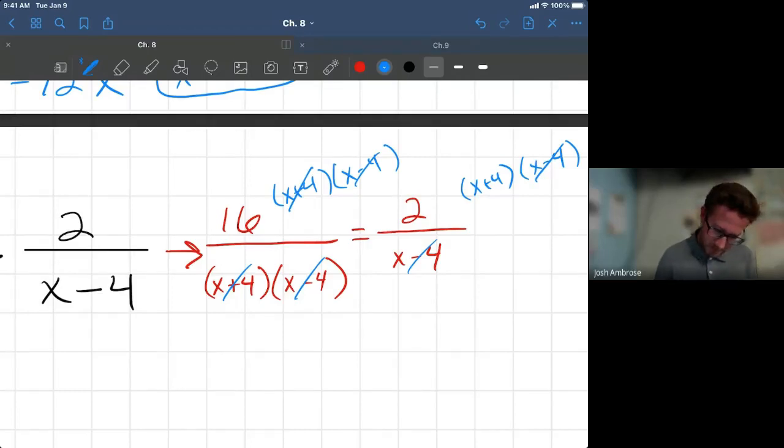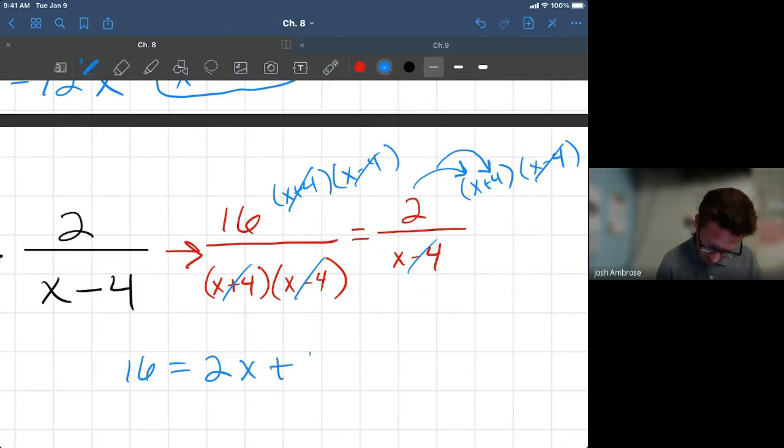And then we have to distribute the 2 into the x plus 4, right here and right here. All right, so we're going to get 16 equals 2x plus 8.